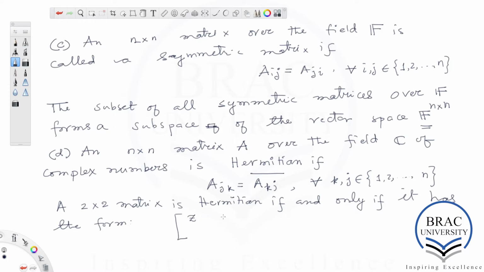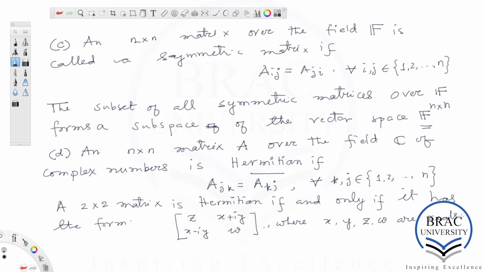This is z, this is x plus iy, this is x minus iy, this is w, not z in general, where x, y, z, w are reals.